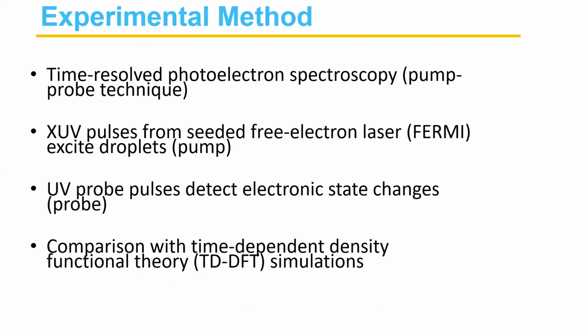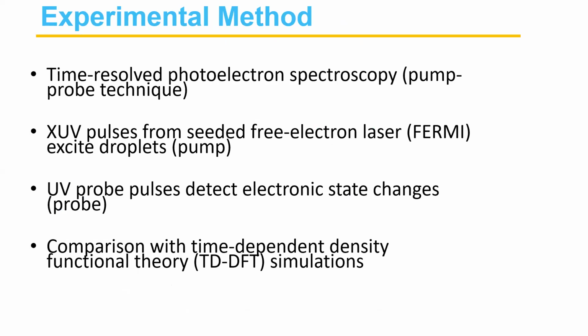So the experimental method used in this paper was time resolved photoelectron spectroscopy. In this case, we have a pump XUV pulse from the FEL which excites the droplets, and then use an ultraviolet probe from which you generate electrons.